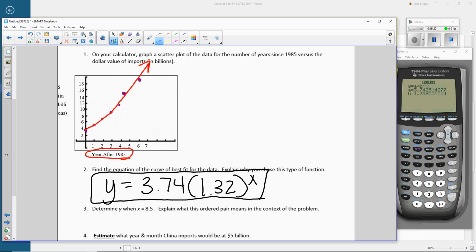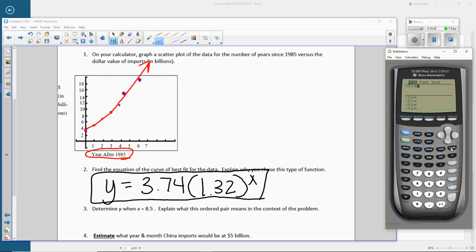So it's y equals, clear out the last one, y equals, vars, number 5, scroll to the right to EQ. Graph it. Looks something like that. Or actually more like that, once I fixed my window.